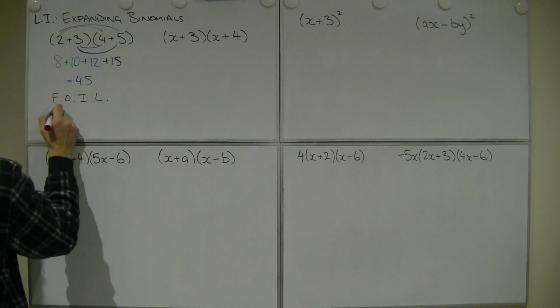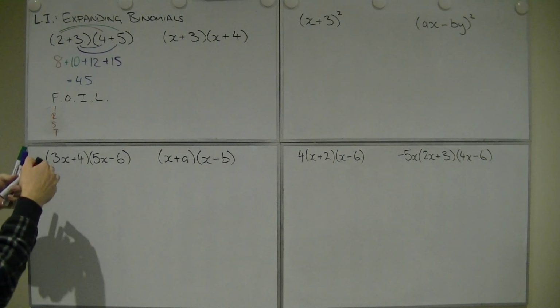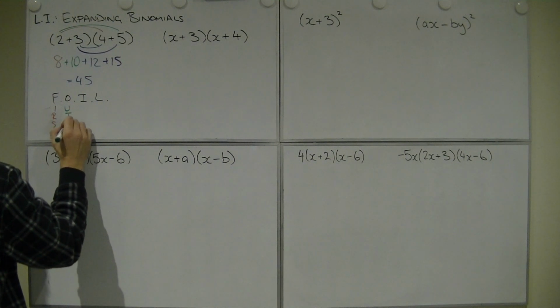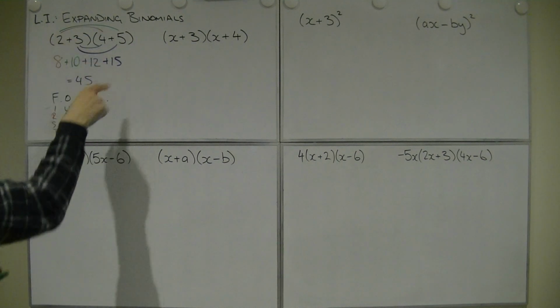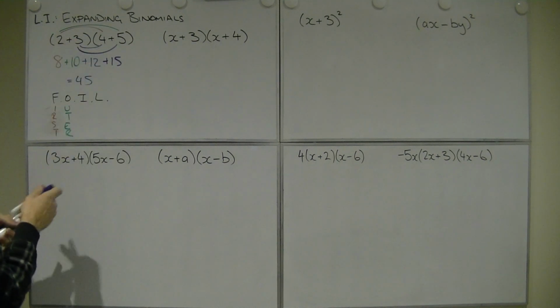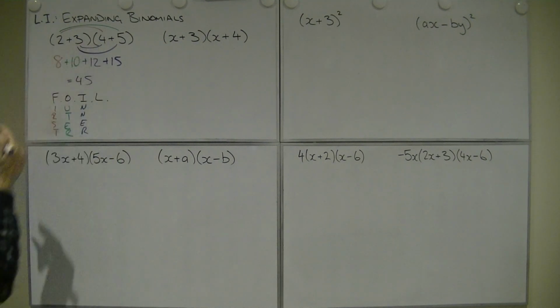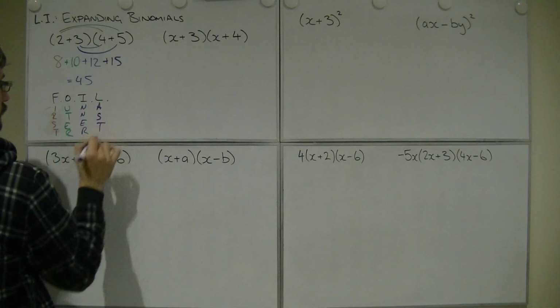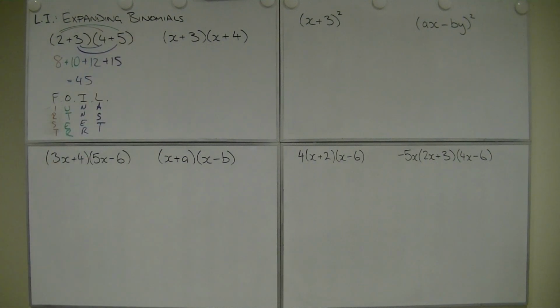Next colour was green, the outermost: the outer 2. Next was blue, which was inner, so the inner 2. And then L for the last 2, so the last is the 3 and the 5. So that's what that stands for.